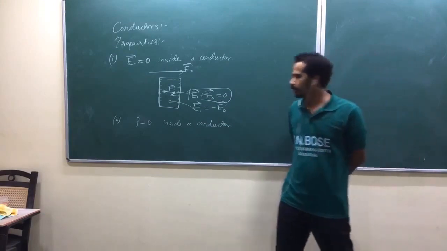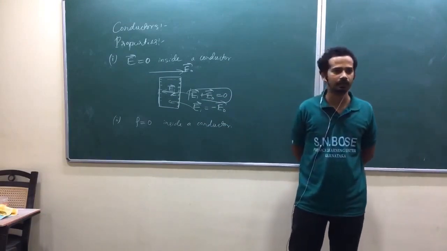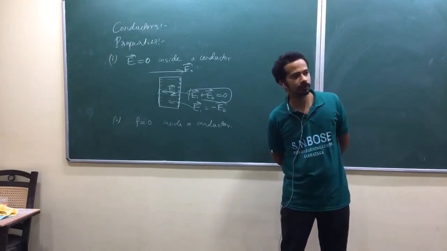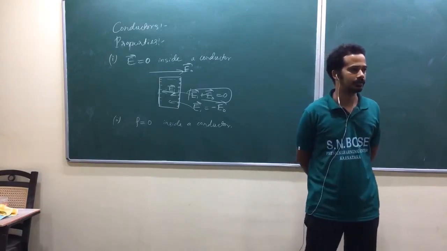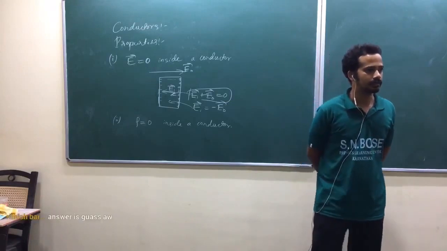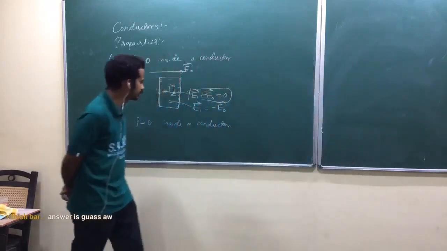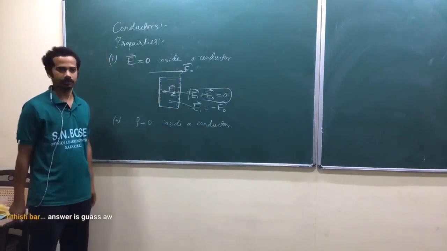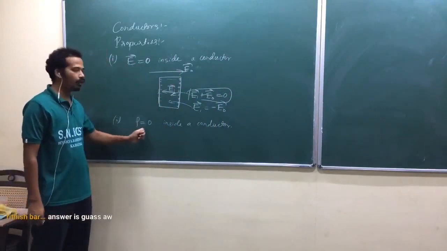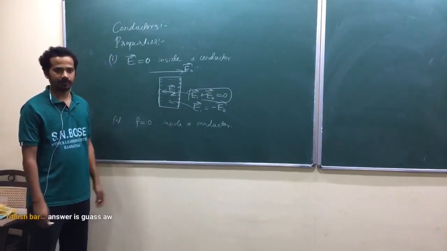So if there are free charges inside a conductor, suppose positive or negative, suppose I take positive, they will repel each other, isn't it? So how long will they repel? They will repel in such a way that charges move out to the surface, so that no volume charge exists. Are you getting my point?